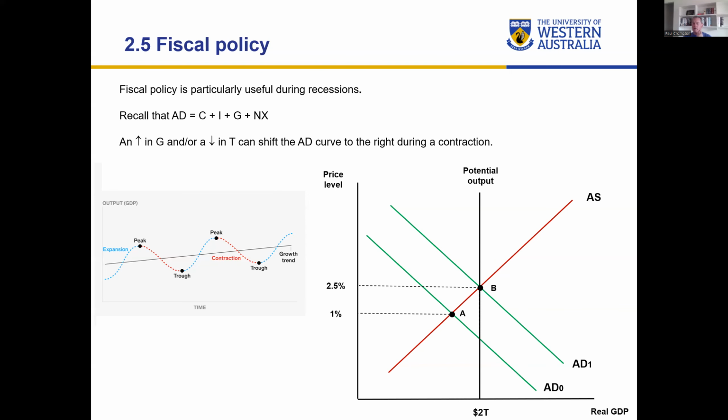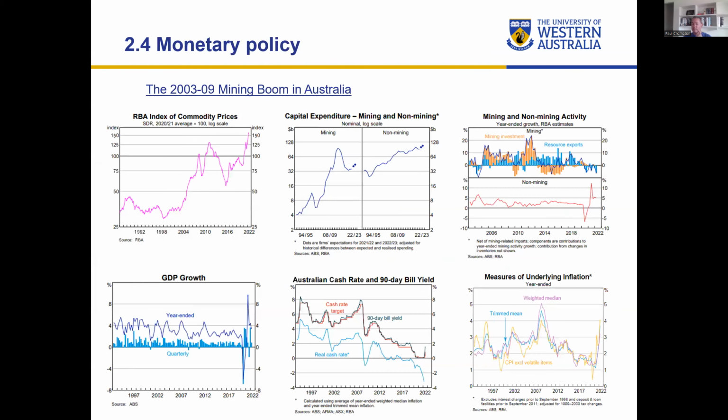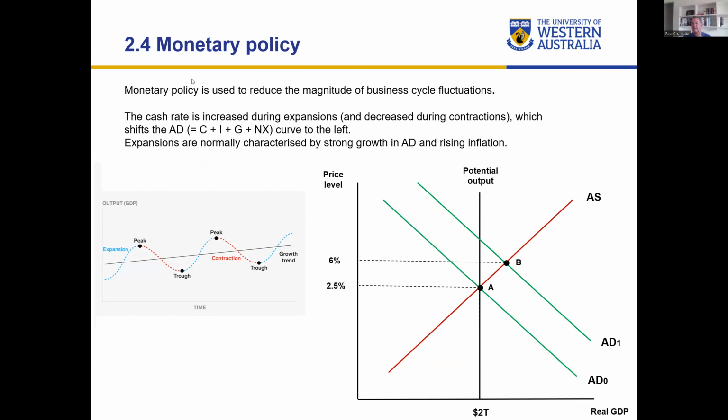The central bank and the government came along and cut the official interest rate to 0.1. Now, I've been studying, teaching, researching economics for 38, 39 years, and in my lifetime, the cash rate has never been that low. It's never been 0.1% before. This is pretty radical, desperate stuff.